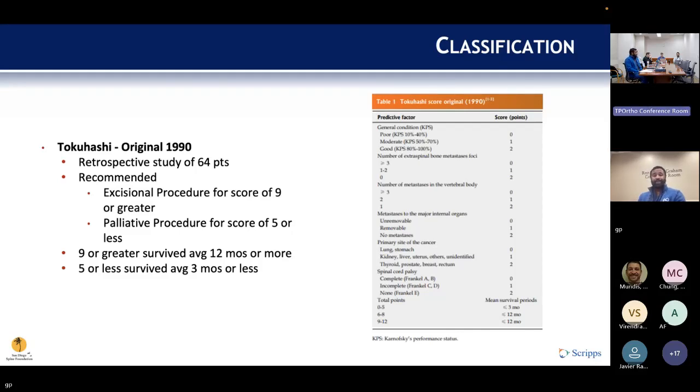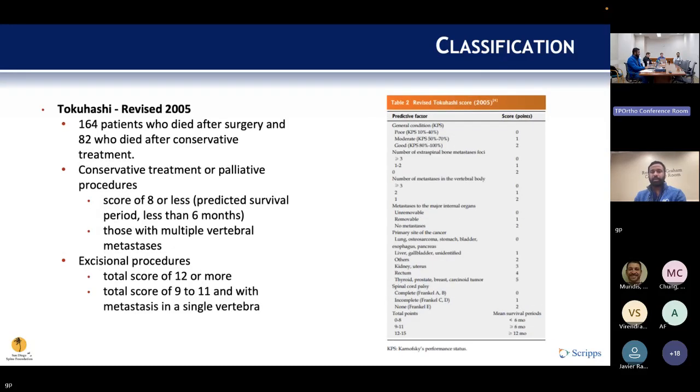This was another study, a 1990 study by Takahashi, which was primarily focused on prognosis. They had 64 patients, and they recommended excision for greater than 9, palliation for 5 or less, and this was then updated in 2005, with the main change being that the primary sites of tumor were stratified more, going from 1 to 3 all the way up to 5, with the more aggressive tumors getting a score of 5.